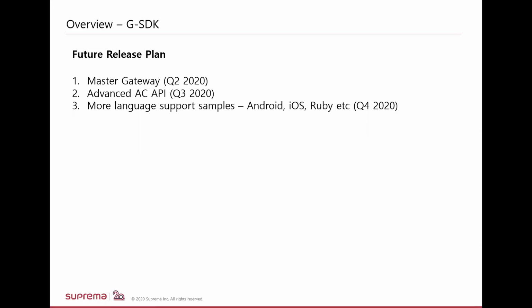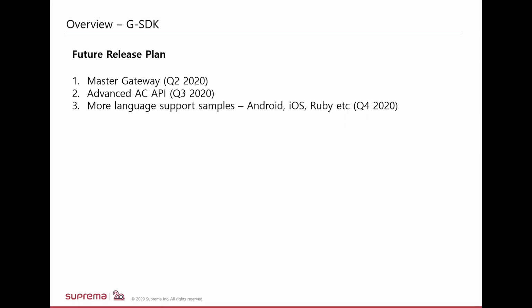GSDK also accommodates up to 1,000 devices. However, we are planning future releases for a better solution. First, a master gateway, which can support up to 100,000 device connections, is under development right now.